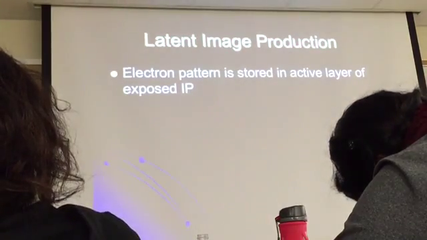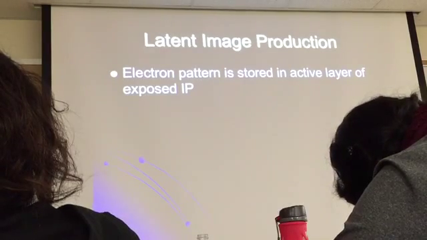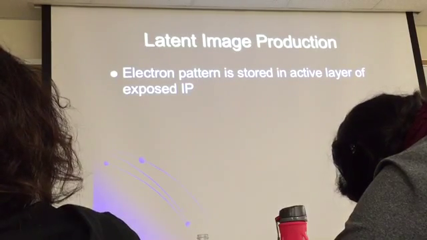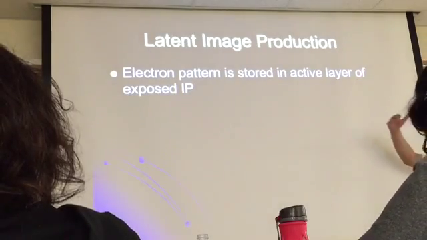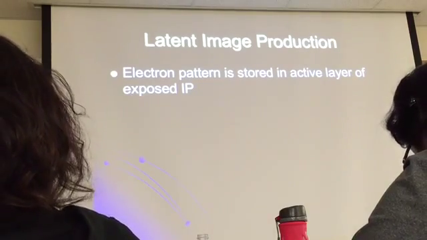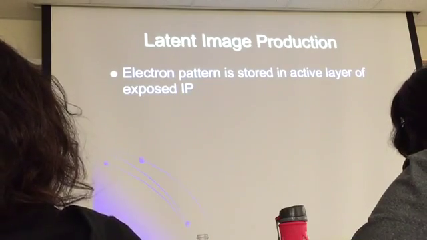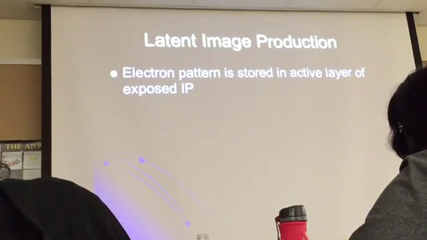Latent image production. What I was talking about before was just general stuff. Now we're going to look at how the latent image is formed. So this is the core of the class today. The electron pattern is stored in the active layers of the exposed imaging plate.